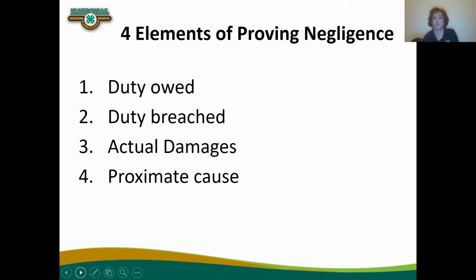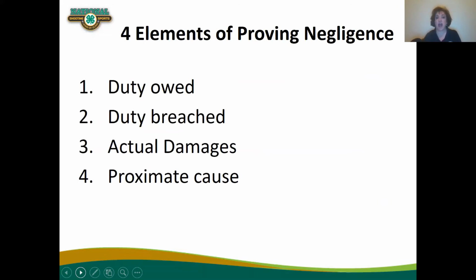A duty must be owed. Let's say your duty is to provide a safe environment. An example: always having a certified 4-H instructor on the range when the range is hot. The duty must be breached. For example, if you're the only certified instructor on the range and you don't close down and secure the range while you take a bathroom break.